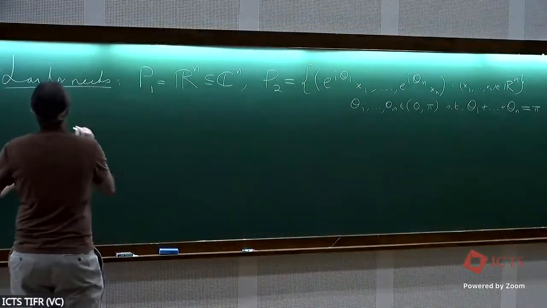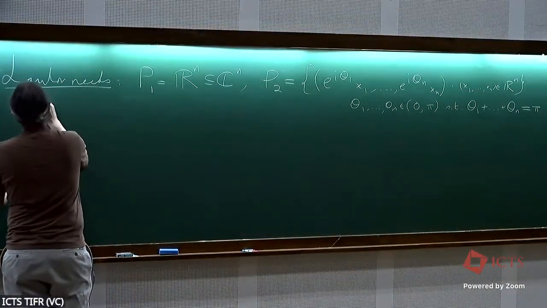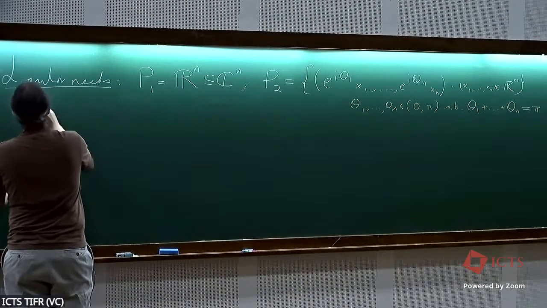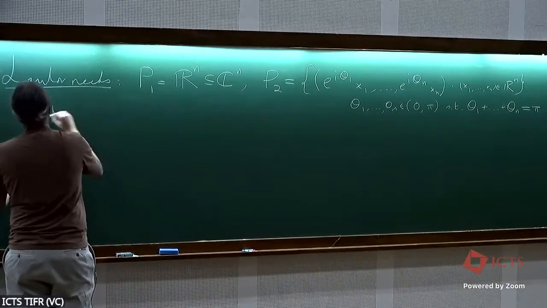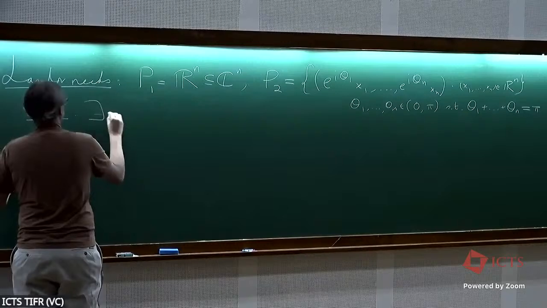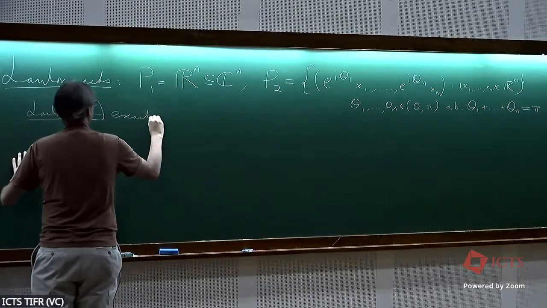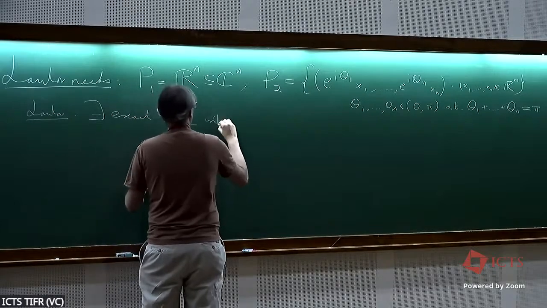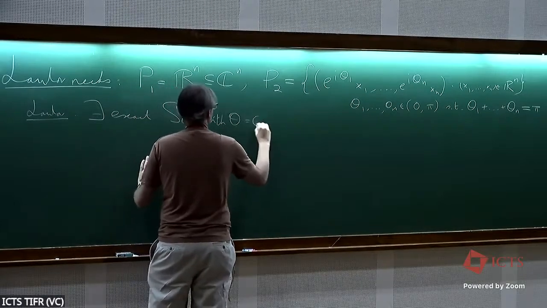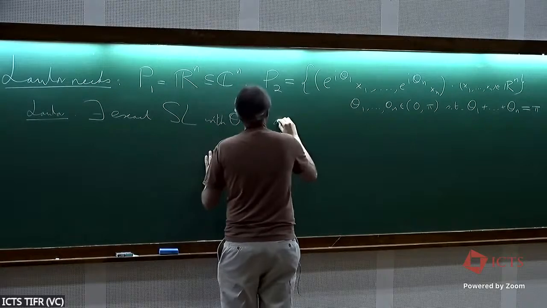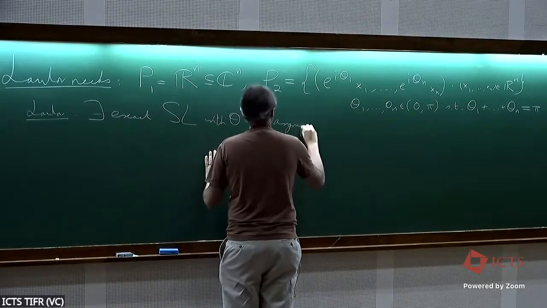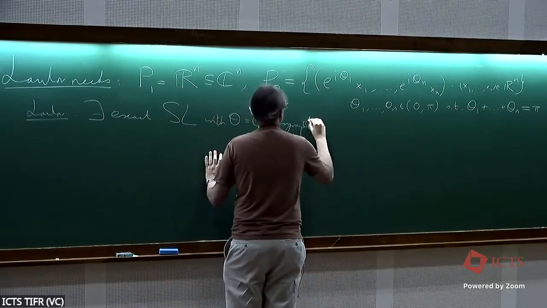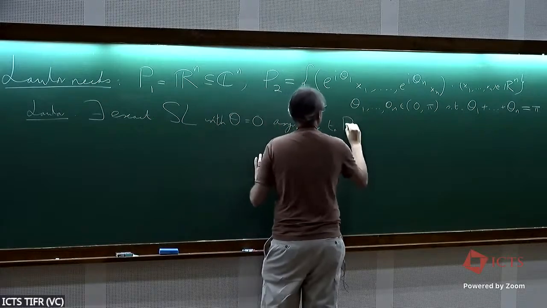Whenever this happens, it was proved by Lawlor. So Lawlor showed there exists an exact special Lagrangian with theta equals 0, asymptotic to the union of these two planes.